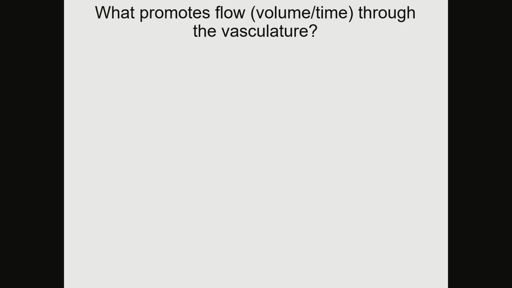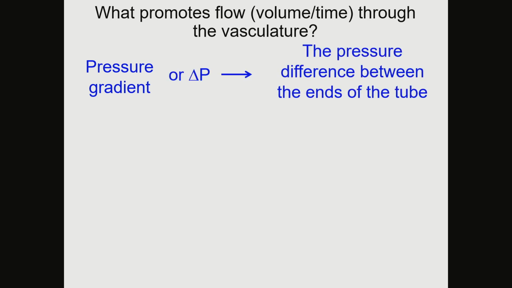Okay? And flow. You should know what flow means, right? Things flow from one area to another. And the thing that promotes flow through the vasculature is our pressure gradient, or delta P. When we're talking about that pressure gradient, we're talking about the difference between one end of the tube to the other.